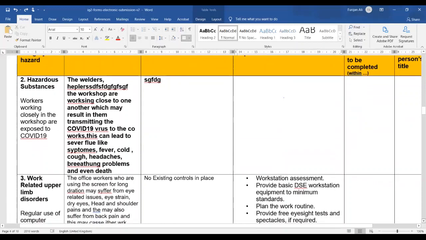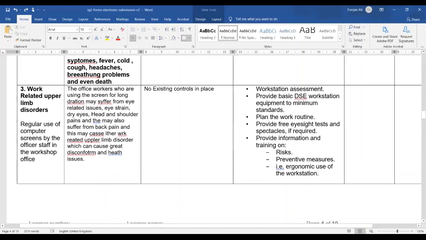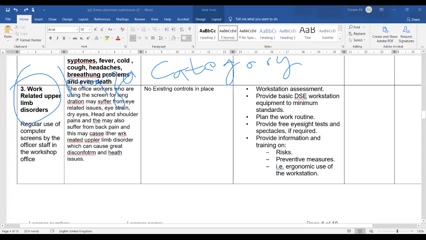Then I've considered work-related upper limb disorders, regular use of computer screens by office staff, that's another. So here you can see the pattern, see the flow, okay? So this is the hazard category, and this is the hazard itself.